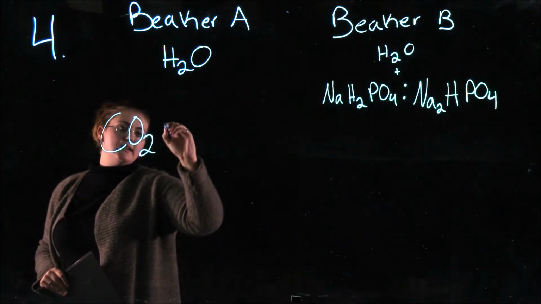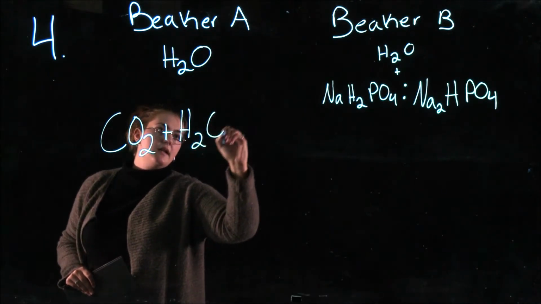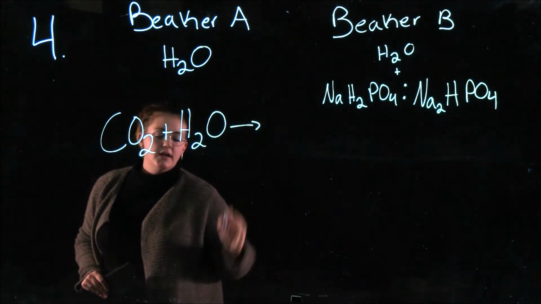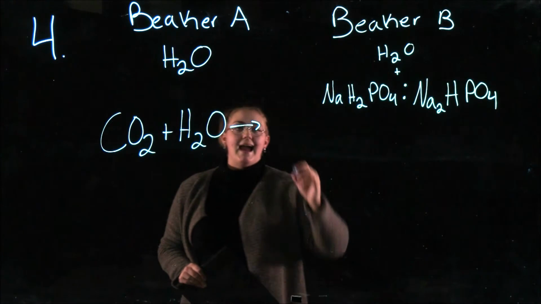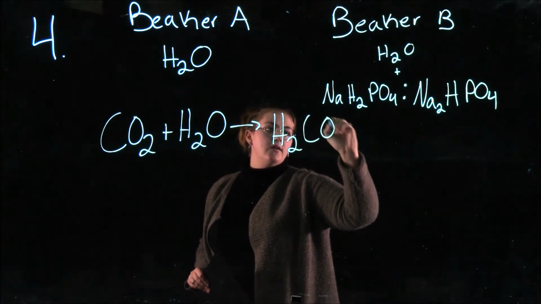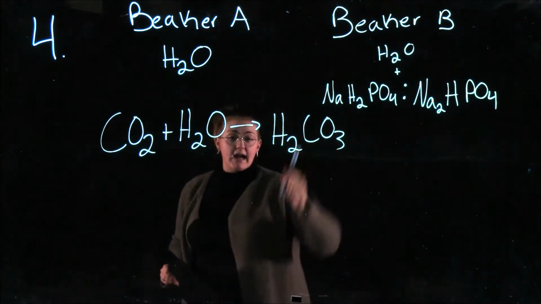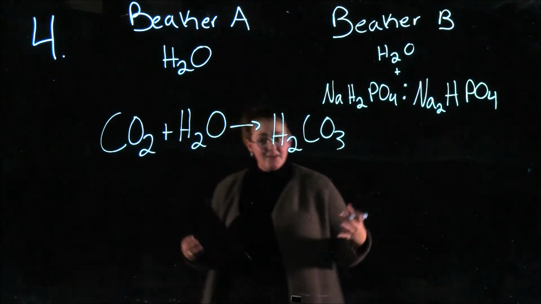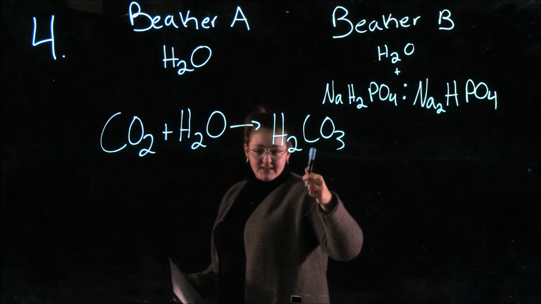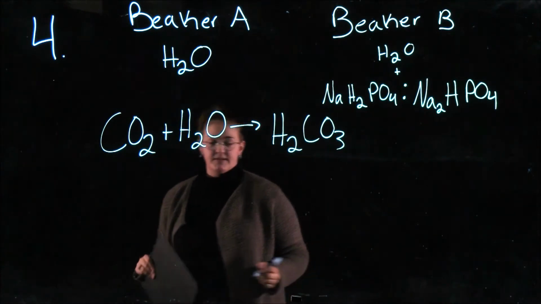So first we need to look at CO2. What happens to CO2 when we put it in water? It's going to form something called carbonic acid, H2CO3. So this is our carbonated solution that we're putting in beaker A and beaker B. So then the other question is to ask, if this is carbonic acid, what is it going to do in our water solution?